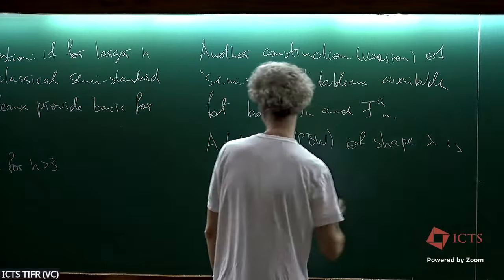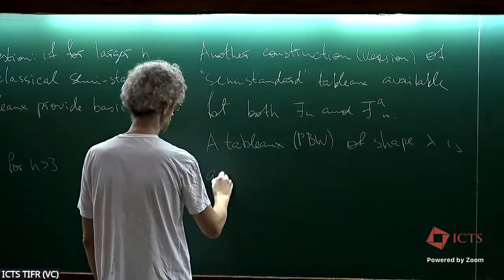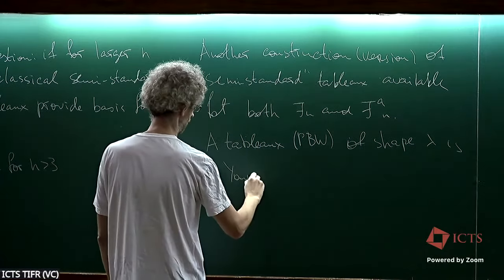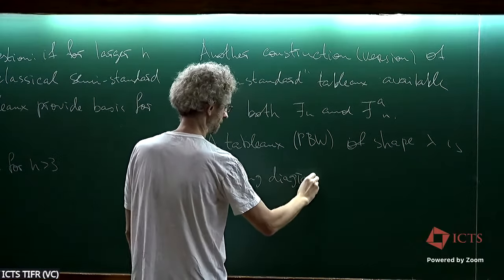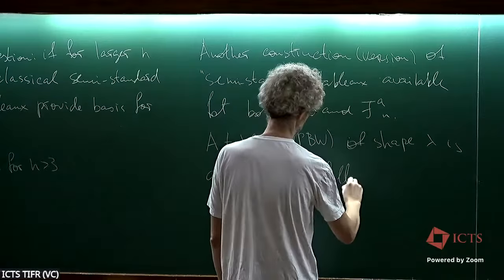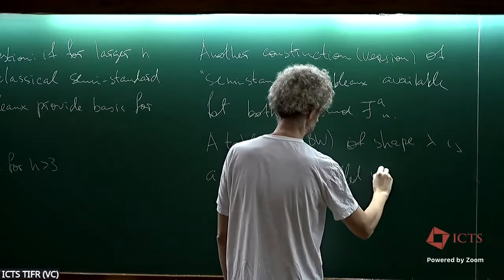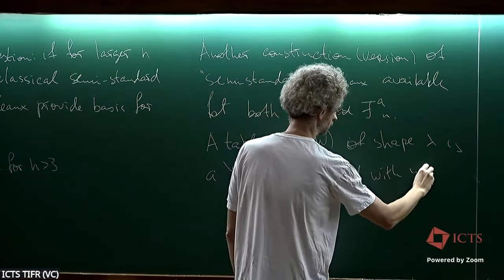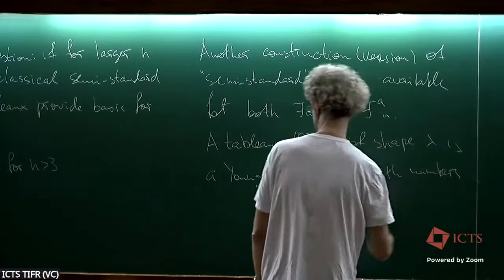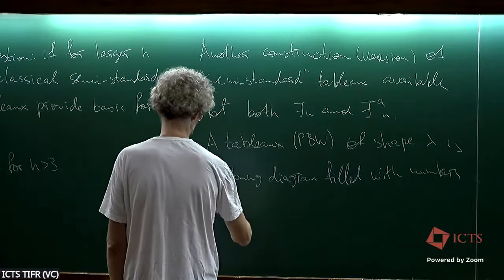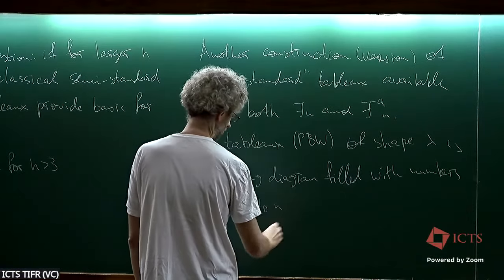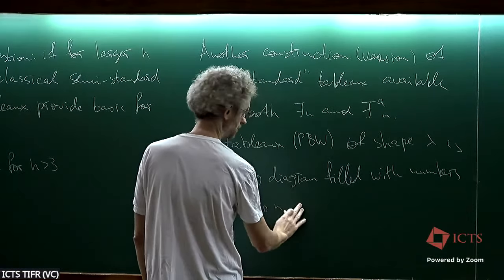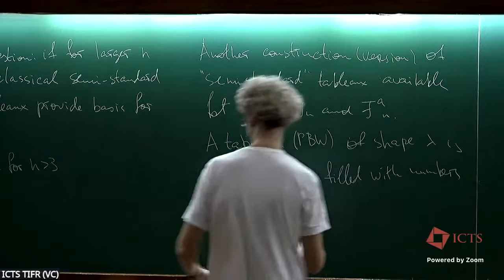So this is again a Young diagram filled with numbers from 1 to n. Let me denote these numbers T_ij.